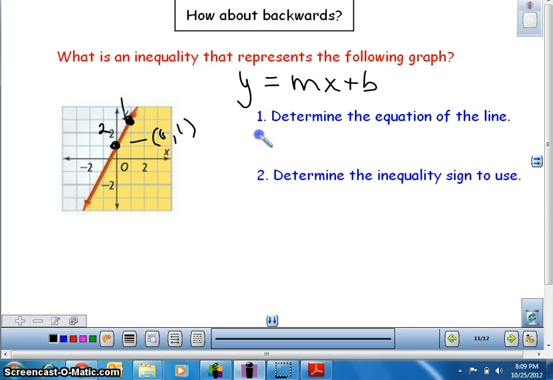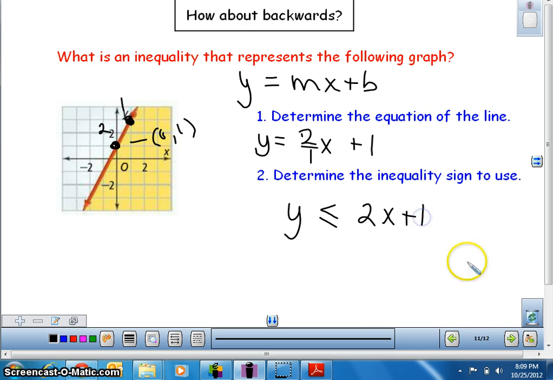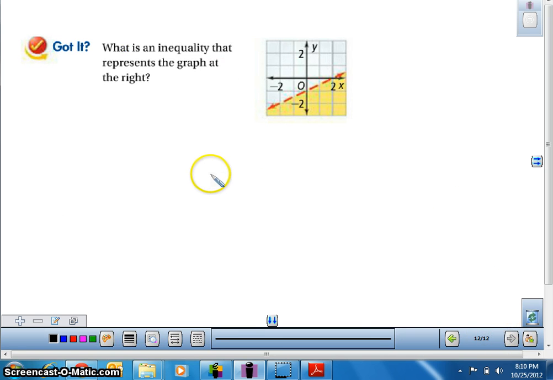So my slope, y equals 2 over 1x plus 1. But now I have to write it as an inequality. Since it's a solid line, I'm going to have an equal, less or equal to 2x plus 1. Please try this last example, and you got it, and we'll look at it tomorrow in class.